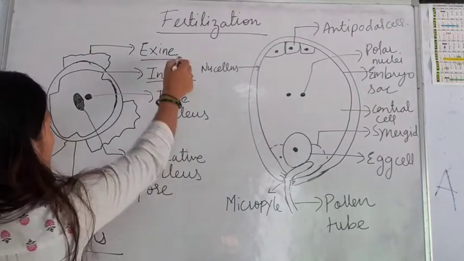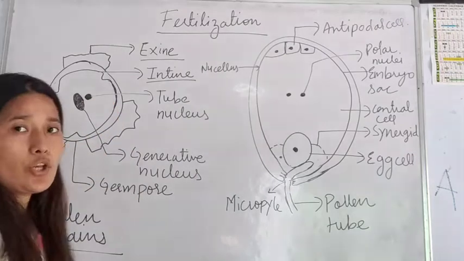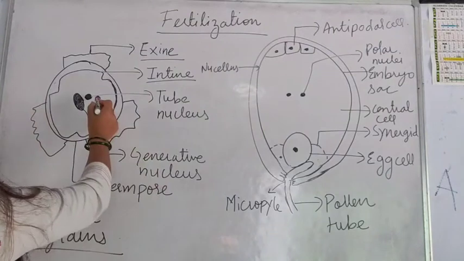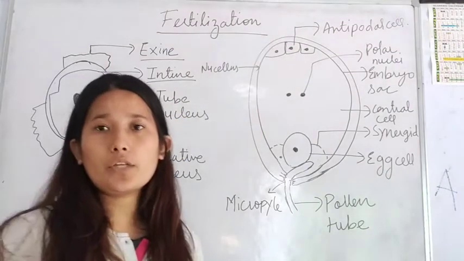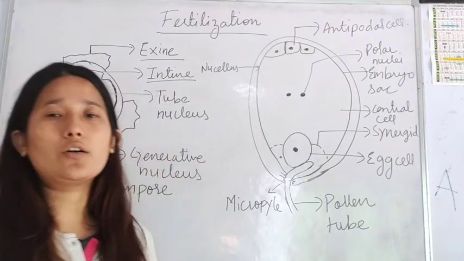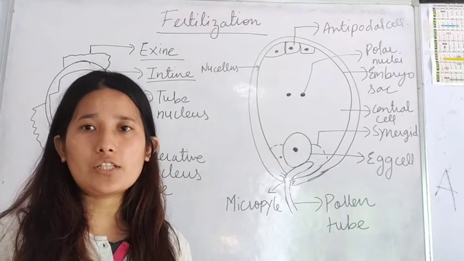The outermost is exine and the inner one is intine. Now the nucleus inside the pollen grain has already been divided into two cells. One is referred to as tube nucleus, another is referred to as germinative nucleus. We will be discussing the role of tube nucleus and germinative nucleus when we discuss fertilization in detail.